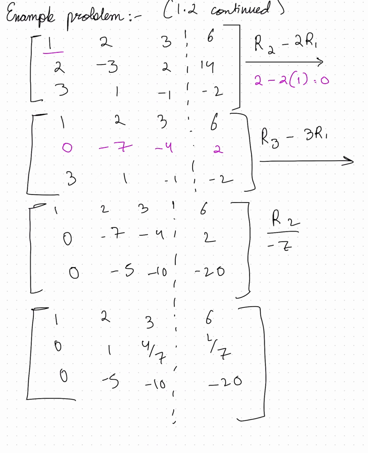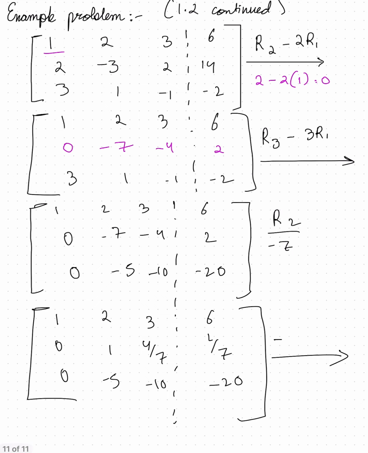So this is what we have again. First pivot point, down here we have a 1 again. Everything below the 1 has to be a 0. What can we do in the matrix to get this point to be a 0? We can do row 3 plus 5 times row 2.